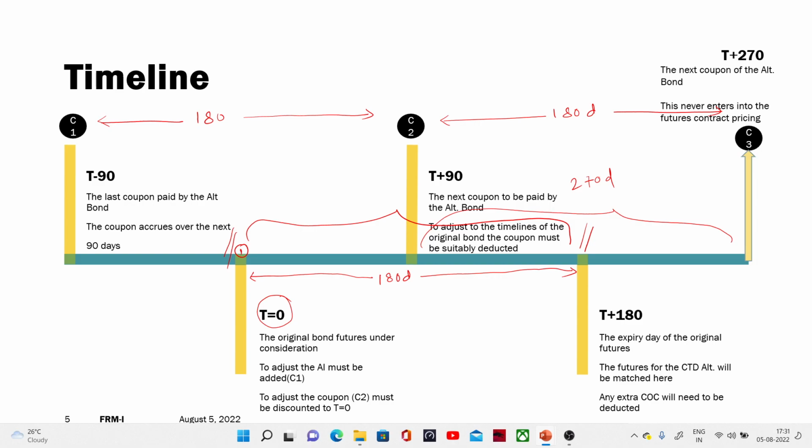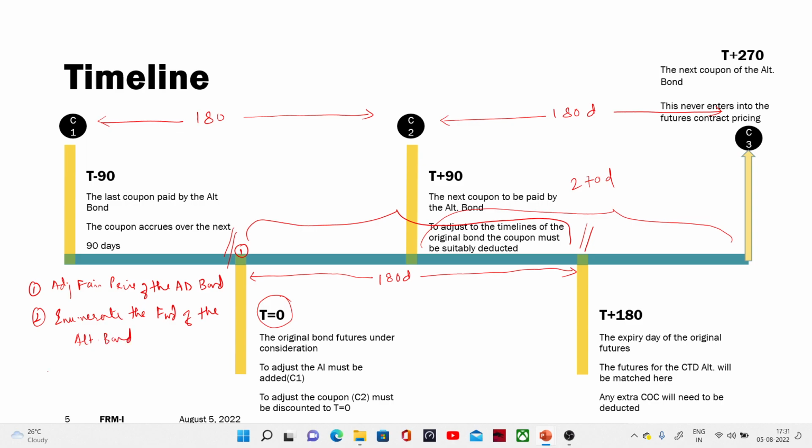And now if I have to consider, there are 3 steps involved. Step number 1 is to find out the adjusted fair price of the alternate delivery bond. Step number 2 is to enumerate the forward of the alternate bond.